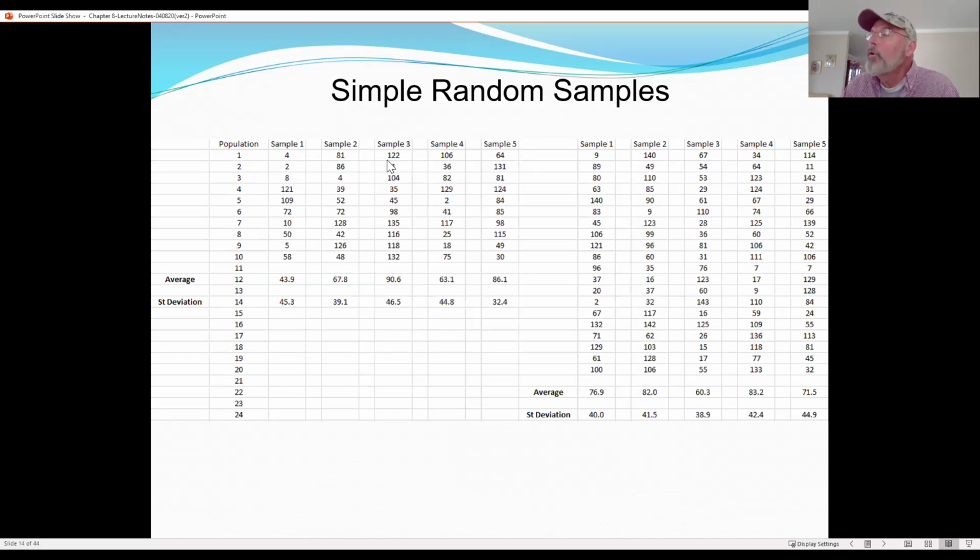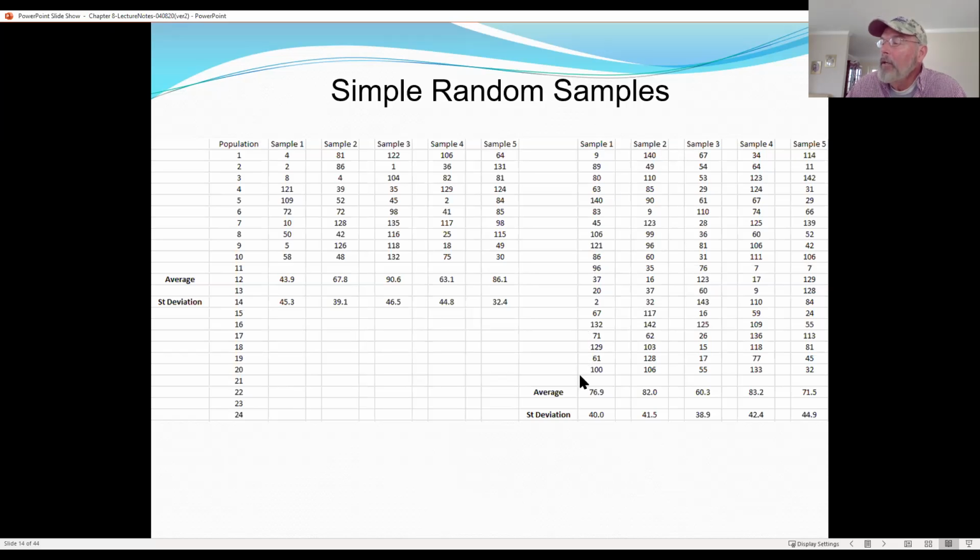Now, if you were to go over here where we now have increased the sample size from 10 to 20, we can go through the same exercise, doing sample 1, 2, 3, 4, 5.